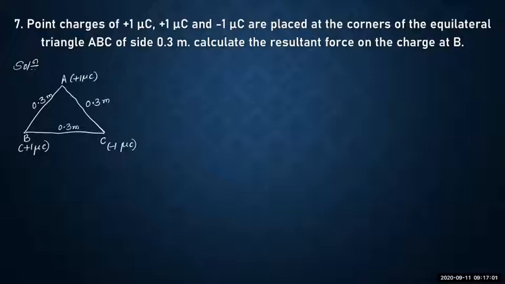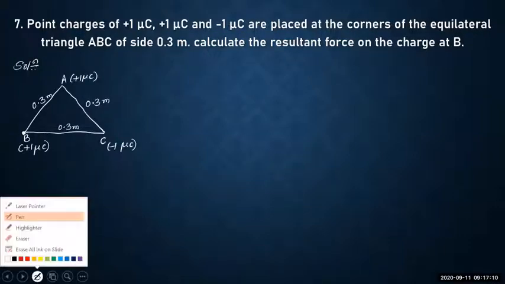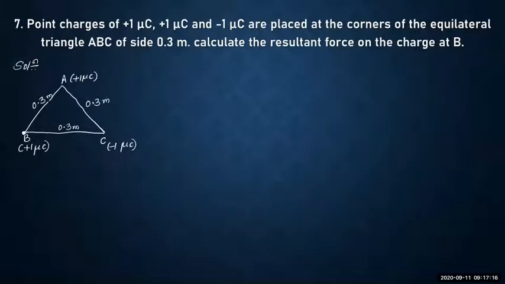Observe this. The charge which is present at B experiences the force due to the other two charges. It experiences the force due to the charge at A, and it experiences the force due to the charge at C. Now the direction of the force is very important here.